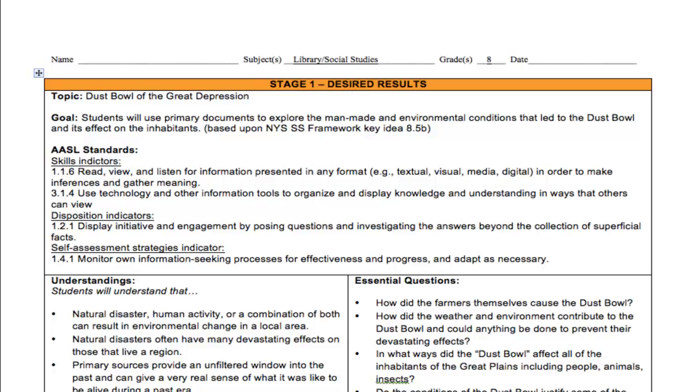So at this point in the design process, you should have your topic, your goal, and your AASL standards.